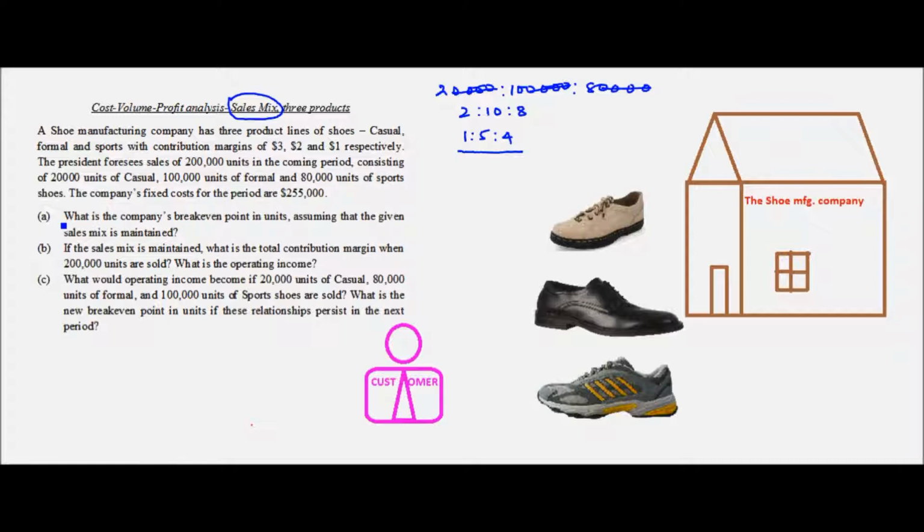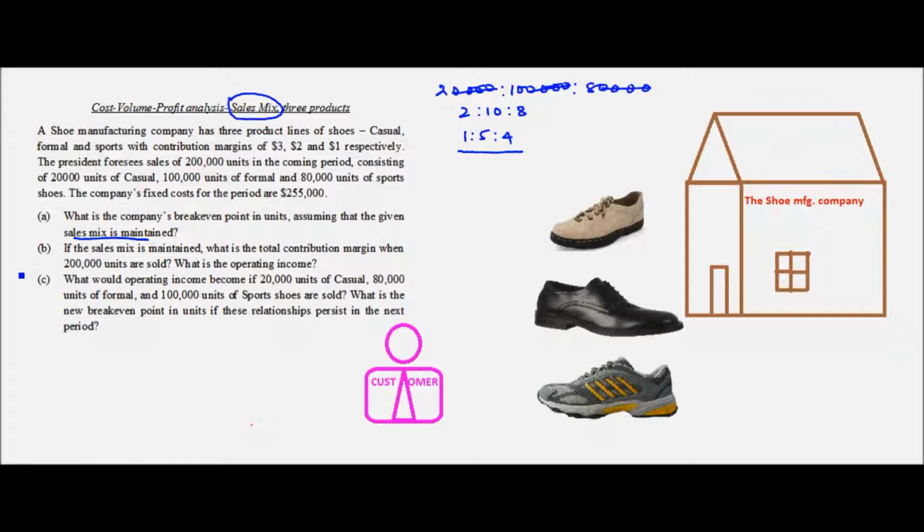Now with this information, what we are being asked to do is: A, what is the company's break-even point in units, assuming that the given sales mix is maintained? When you say sales mix is maintained, that means the sales ratio is going to be 1:5:4 for the three product lines. B, if the sales mix is maintained, what is the total contribution margin when 200,000 units are sold?